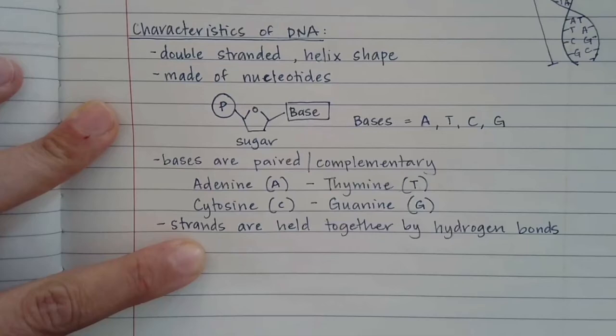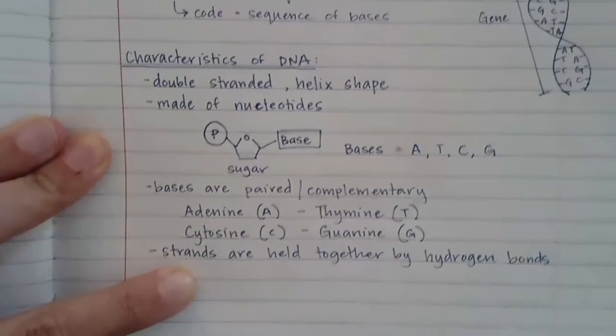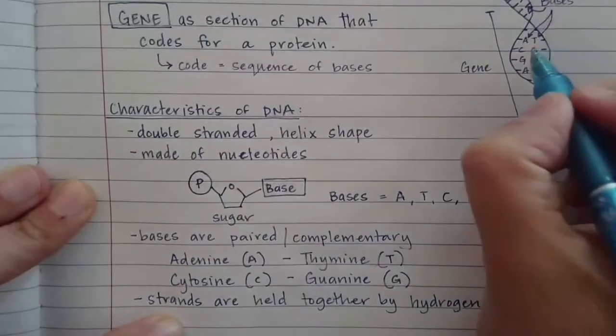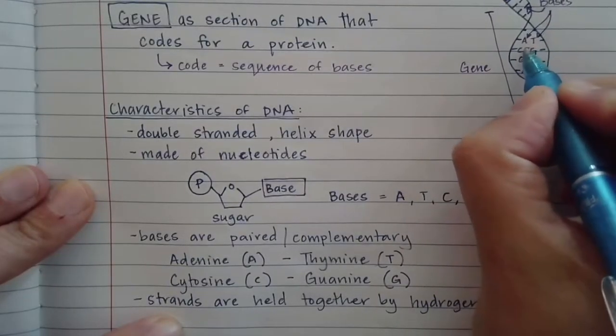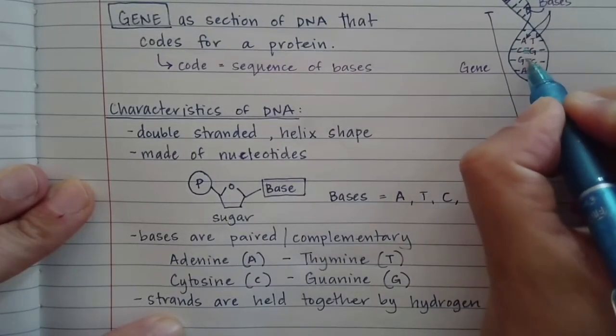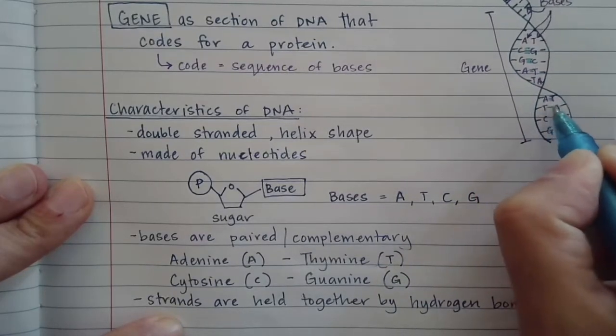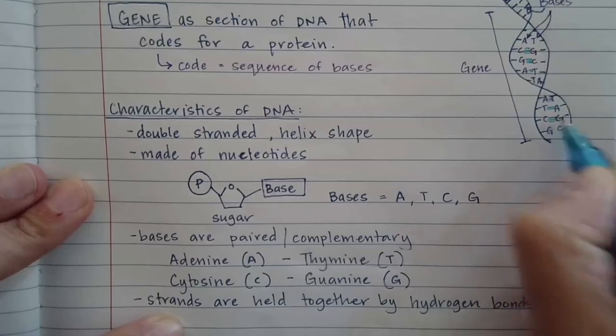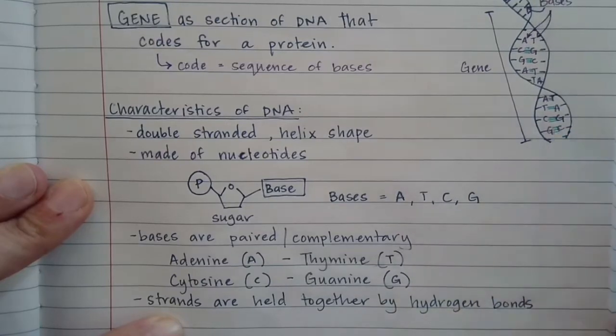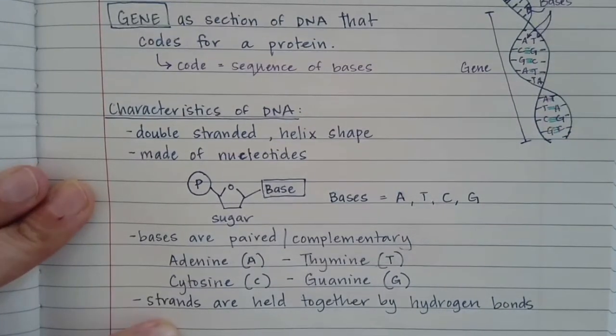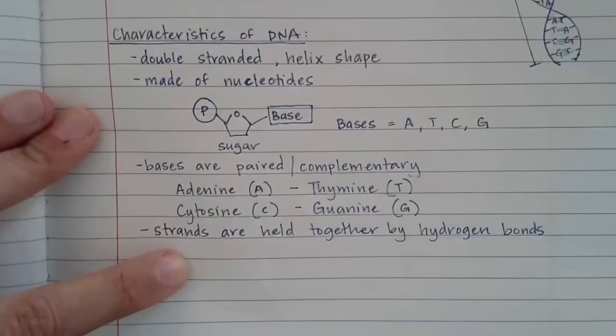We didn't draw it on our model, but we can add it in. There are really these bonds that occur between the bases that are going to hold this together. And we're going to spend quite a lot of time on this. So we'll just draw a few of those bonds in there.